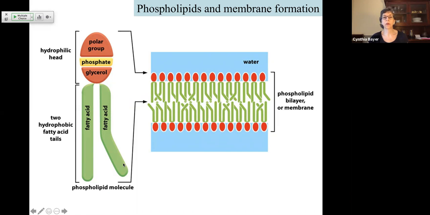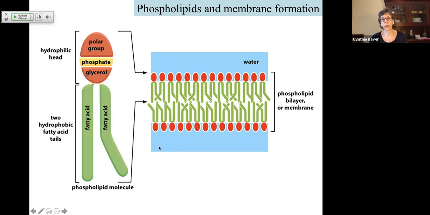And that's going to be important for the function of this lipid bilayer that we'll talk about in just a minute. Again, that 3rd carbon of our glycerol is linked to a phosphate group, which is linked to one of many different types of polar groups, which makes this end of the molecule hydrophilic. It will interact with aqueous solution. So it is exposed to the water on the outside of the cell, and on this side of this lipid bilayer, the polar group of that hydrophilic head is exposed to the cytoplasm, if this was the inside of the cell.